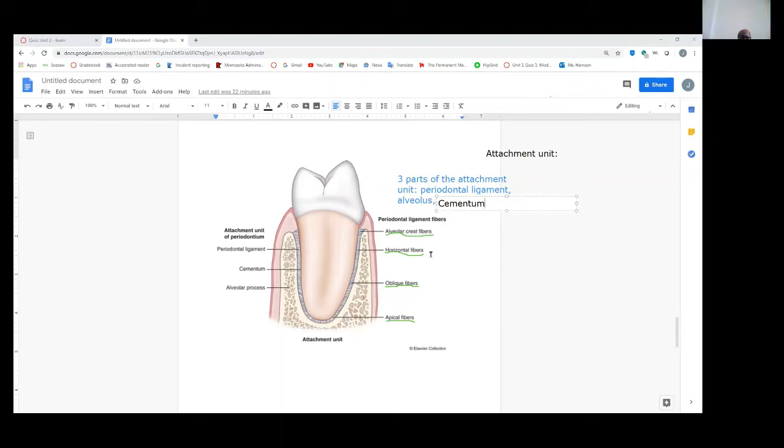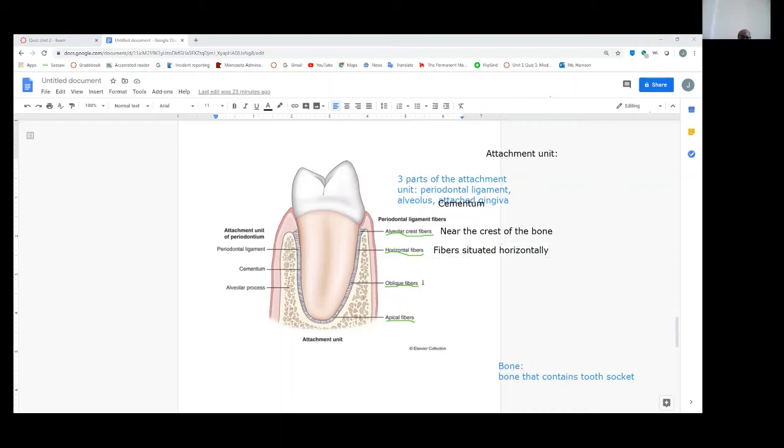Okay, so look at all these fibers that we have here. We have our alveolar crest fibers, and these fibers are going to be near the crest of the bone. Then as we move down, we have horizontal fibers. So these are fibers situated horizontally.